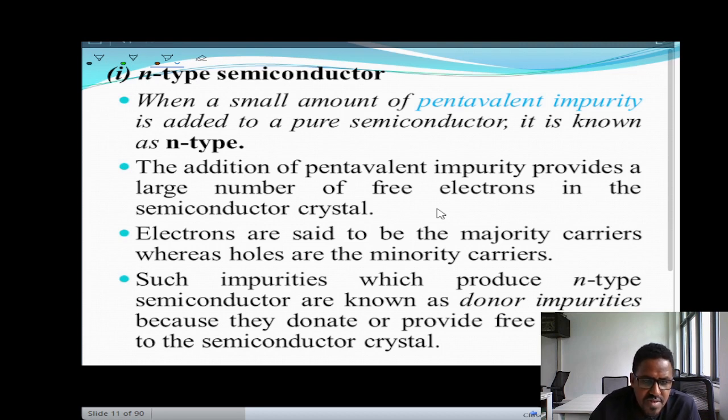Electrons are said to be the majority carriers, whereas holes are the minority carriers. Such impurities which produce N-type semiconductor, we can call donor impurities because they donate or provide free electrons to the semiconductor crystals.